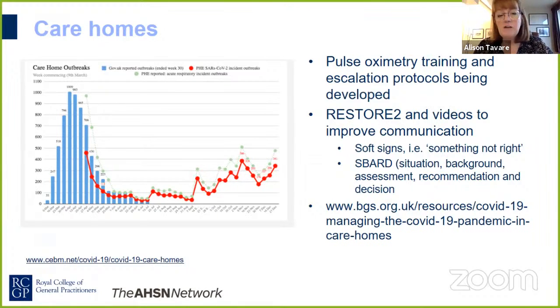Her very stretched staff were able to take observations every day of all the residents, and using that they had virtual ward rounds with Jackie and worked out which of those patients needed to be seen by the GP. So really collaborative and worked very well talking to their GPs. Thank you. Next slide, please.